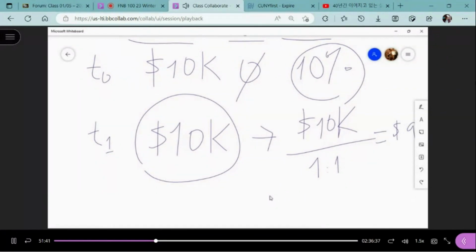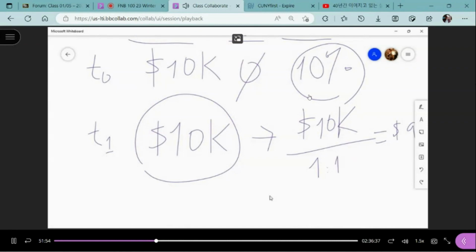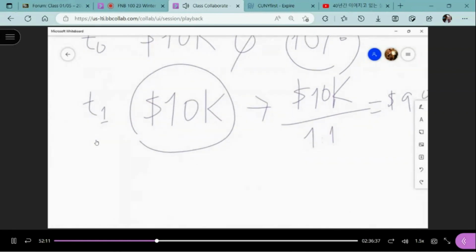So if you have $10,000 now, and if you put it in the bank, at least you want that return on your money to be more than enough to compensate for inflation. Do you understand? So the point is, like any investment, let's think about this.